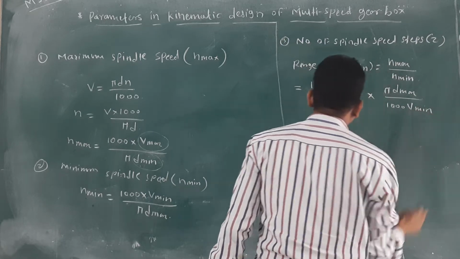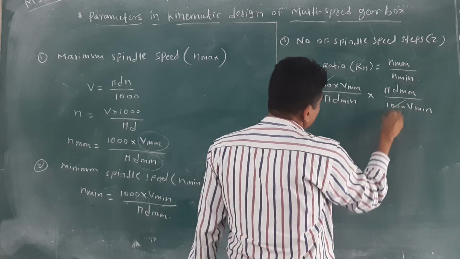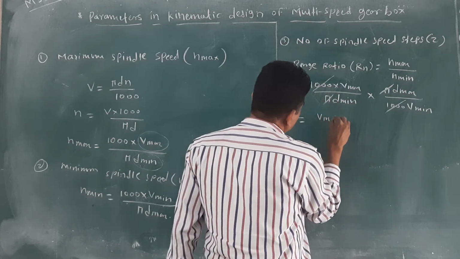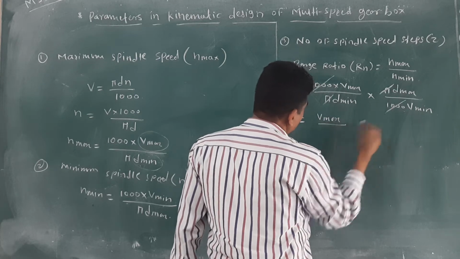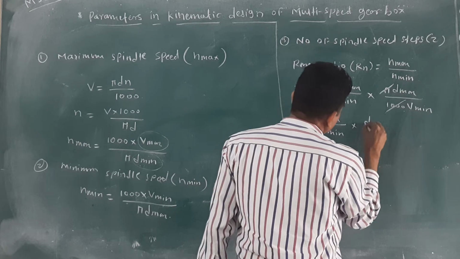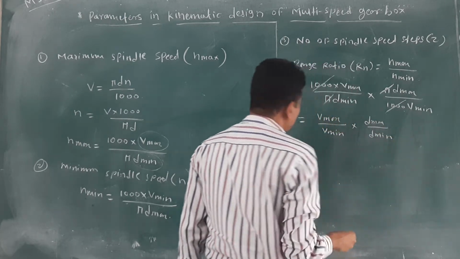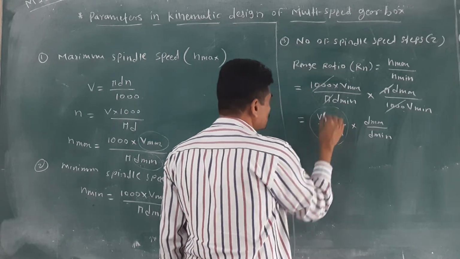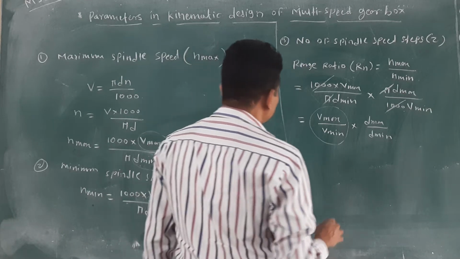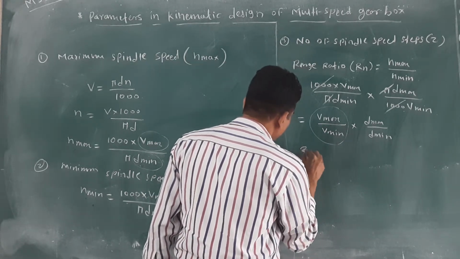If you solve this, the 1000 and pi get cancelled, and the remaining is V max divided by V minimum, into D max divided by D minimum. V max divided by V minimum is nothing but the range of the cutting speed, denoted by RV.